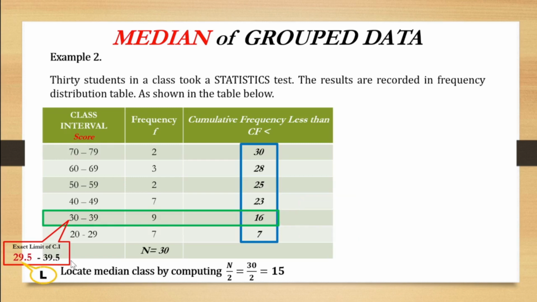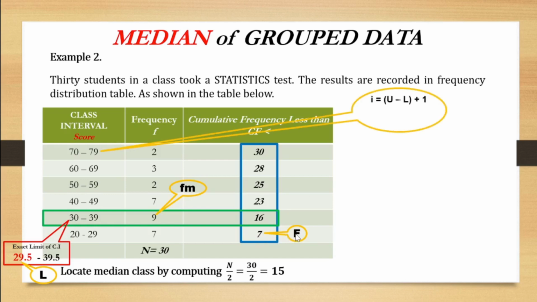So we can now identify our L, or the lower exact limit, which is 29.5. The frequency of the median class is 9, and the cumulative frequency of the class before the median class is 7, and that is our uppercase F.